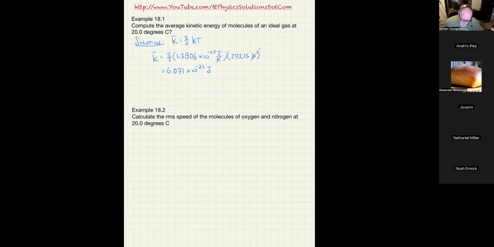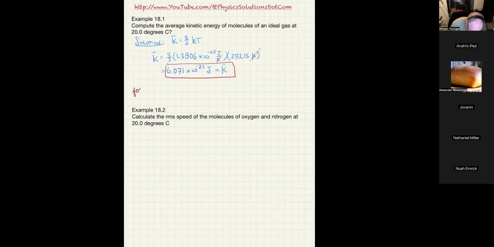Now, that number is not that helpful to us. We can't immediately see whether that's a big quantity or not, but just to give you an idea what it is, we can consider 1 mole of this gas and calculate how much kinetic energy that is.